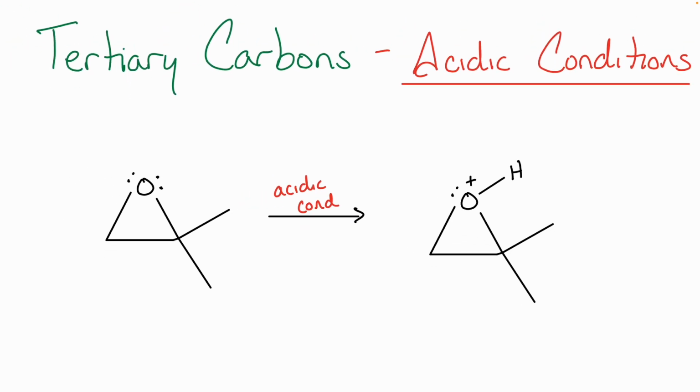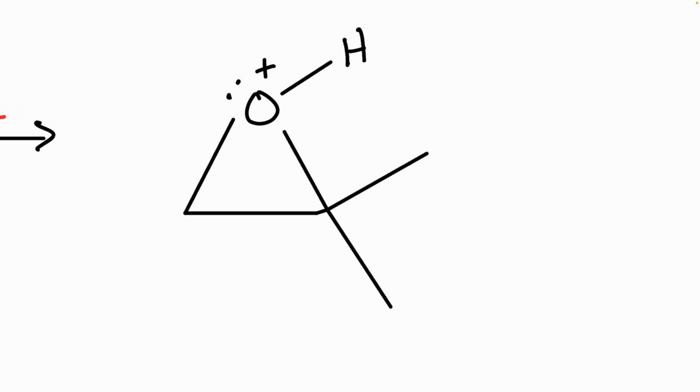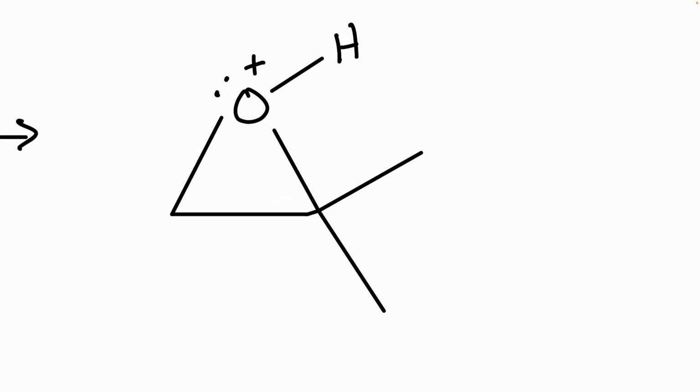And again, now this oxygen, being all mad that it's got this positive charge, it starts pulling electron density away from those carbon atoms. But it turns out that it's much better at pulling electron density away from this tertiary carbon over here. So what happens is it actually starts to break this bond here before the nucleophile even arrives.